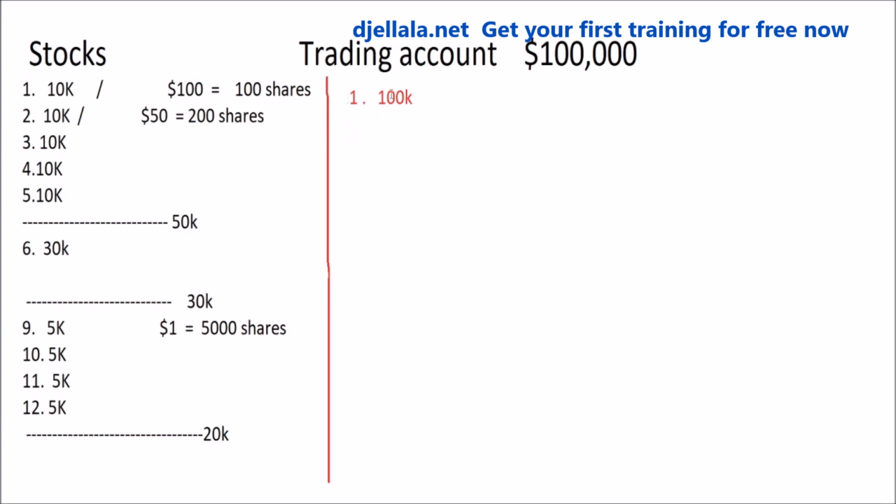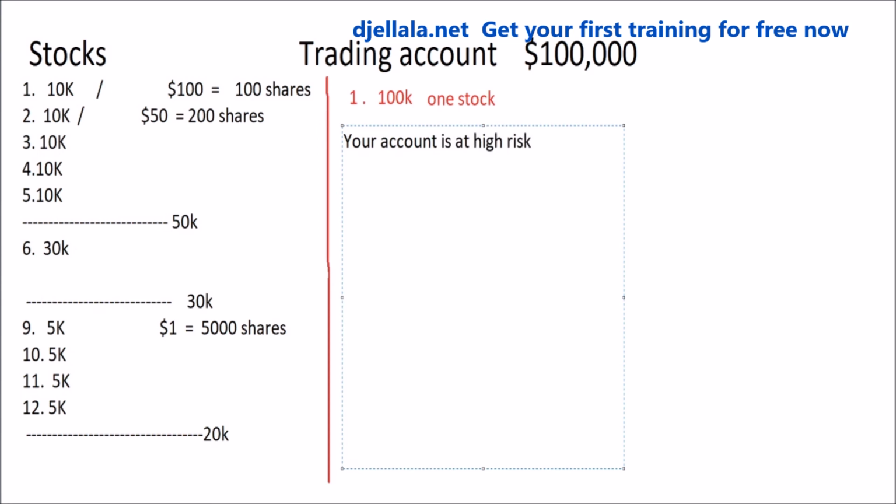Now what does it mean when you do 100,000 in one stock? It means that the risk is too much. So here your account is at high risk.